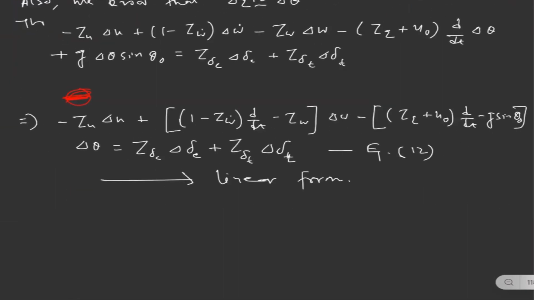So if you notice, these terms are basically the stability derivatives, and we can find these terms from wind tunnel testing for a given flight regime or flight condition.